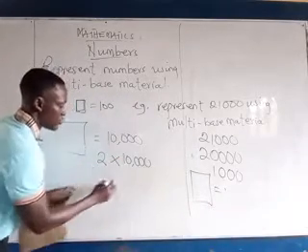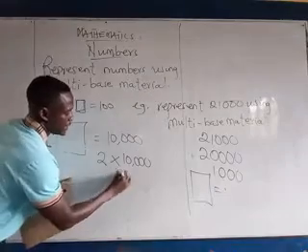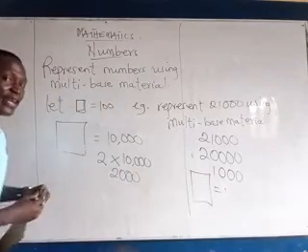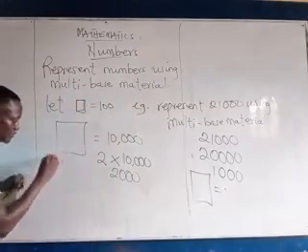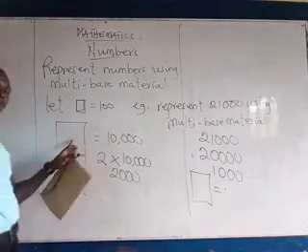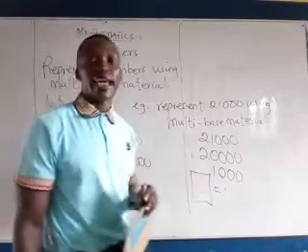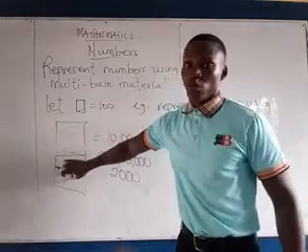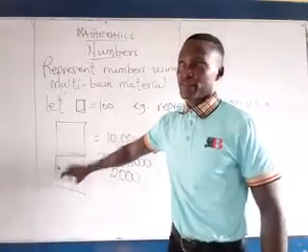Then you attach your zeros, so you are going to get 20,000. That means we need 2 flat surfaces, and 1 flat surface is equal to 10,000.